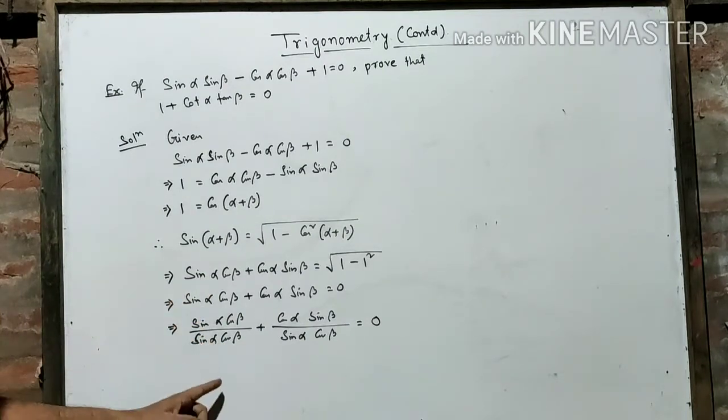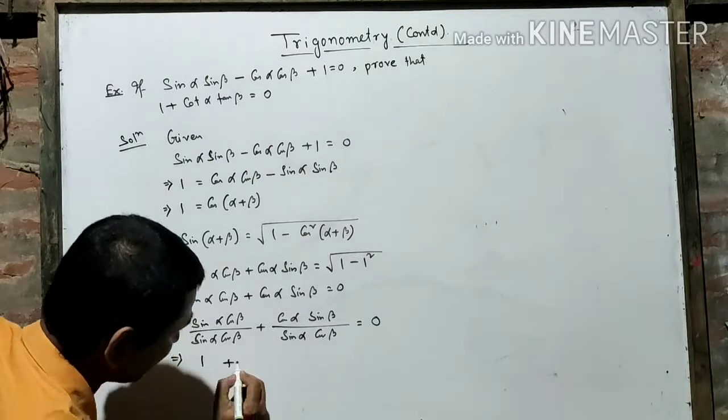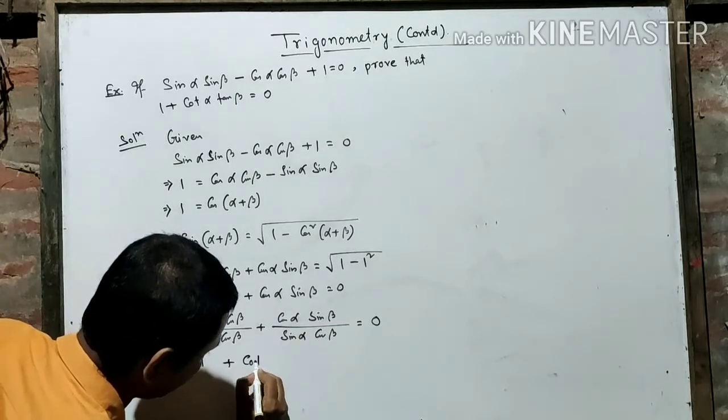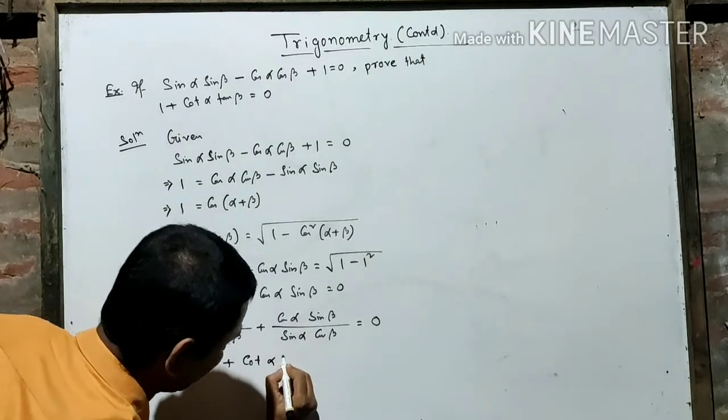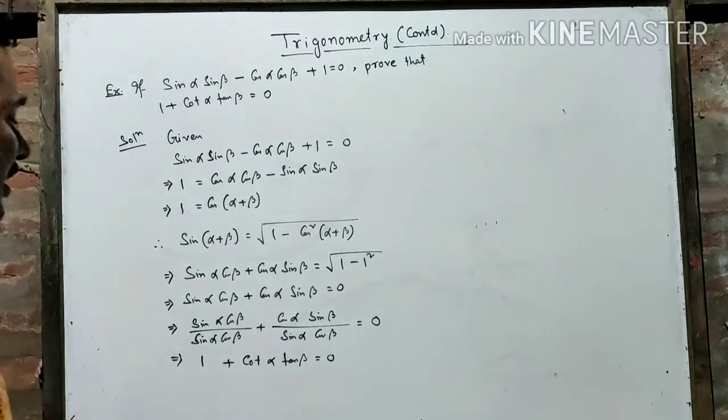Now sin alpha cos beta by sin alpha cos beta is what? 1. Plus cos alpha by sin alpha is cot alpha, sin beta by cos beta is tan beta, and here you get the result.